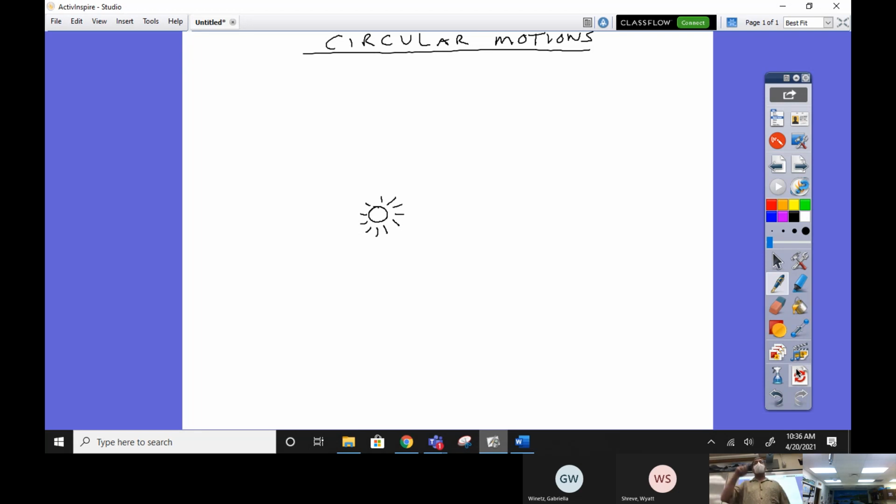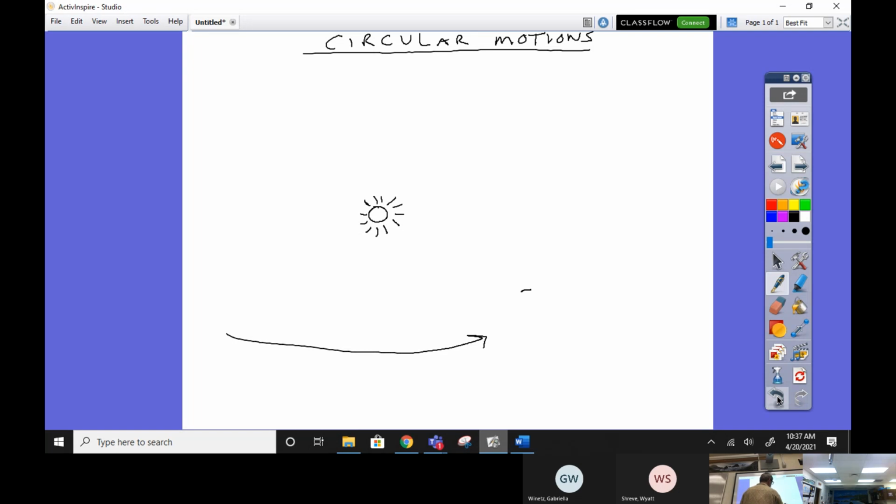And we're not looking straight down on the sun this time. We're not looking straight down on the earth. We're kind of looking from the side, maybe a little above it, but not straight down on top of it. And so we're going to show Earth's orbit here, coming along. Maybe about to there is good.